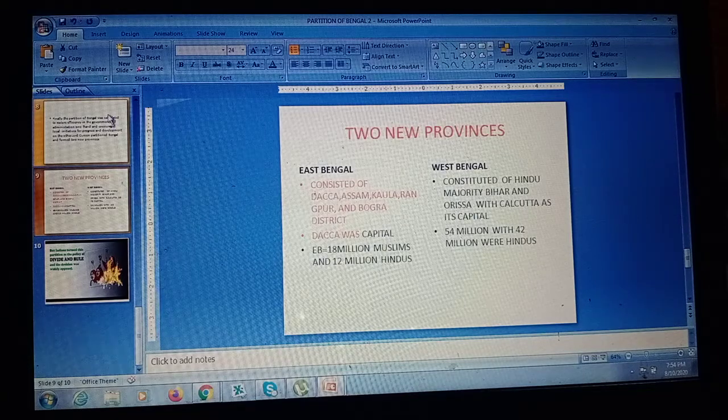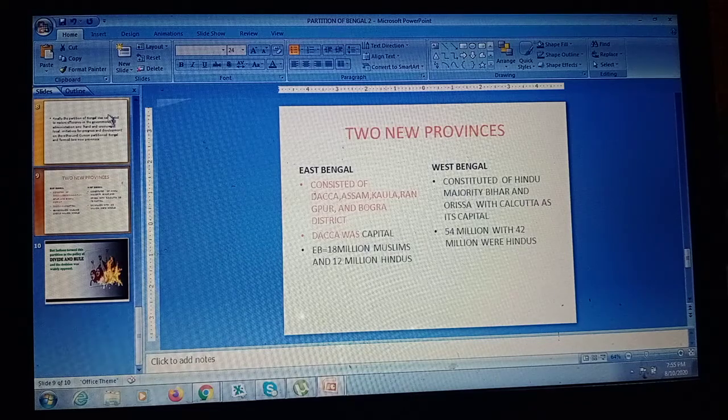So at that time they had asked for it, but it was not on the basis of language; the linguistic reorganization of the states did not take place then. It took place on the basis of the majority of the people, the Muslims and the Hindus.